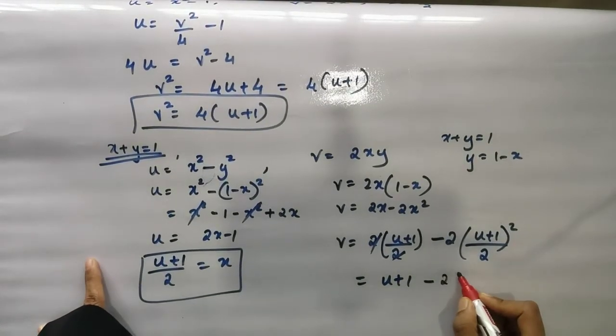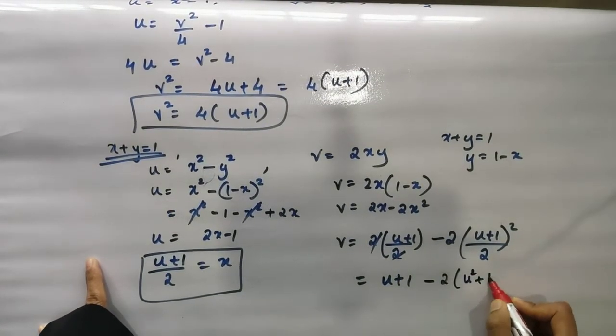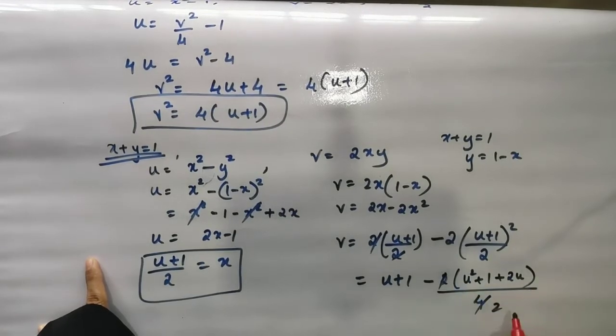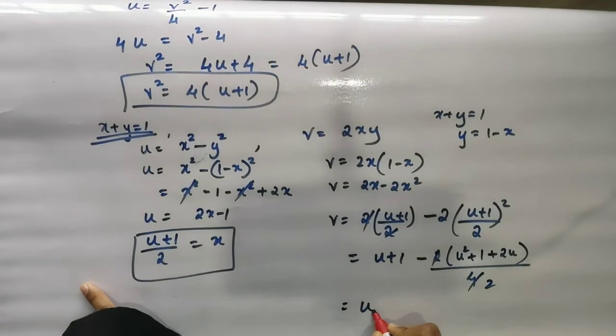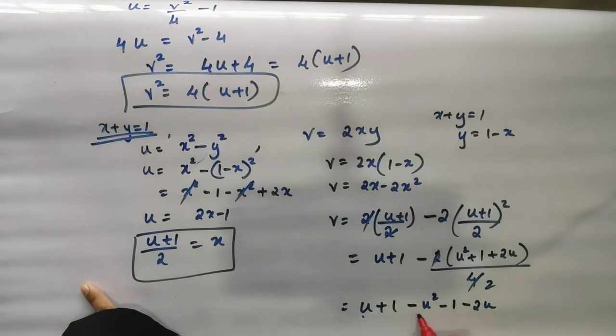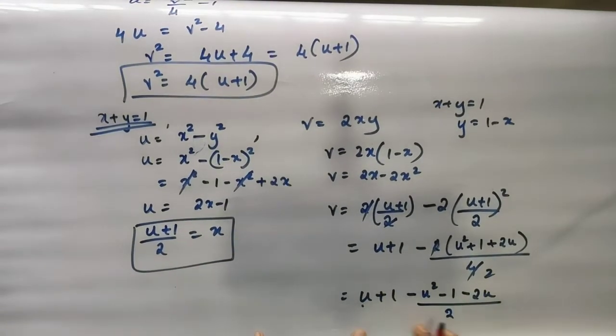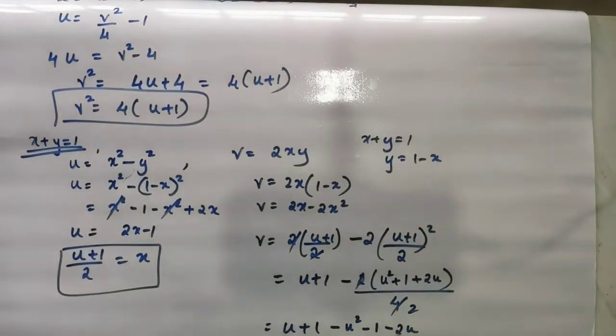Let me write it clearly: u square plus 1 plus 2u divided by 4 and 2. So you will have (u plus 1) minus (u square plus 1 plus 2u) divided by 2. You have to take the LCM and simplify it further. Let's see what you get over here.